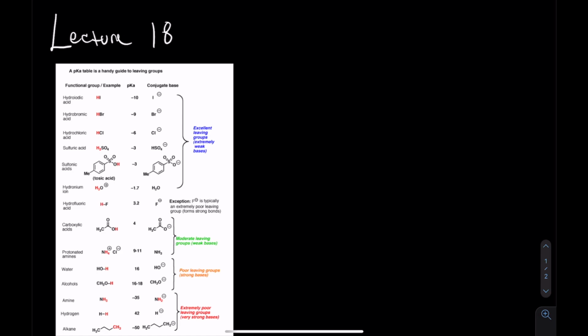So as a general rule, what we're going to say is that the worse base it is, the better leaving group it is. And leave it at that, all right? So you can see that as you move down this chart, you end up with worse leaving groups to the point where you really do not see alkanes depart. Hydrides do not come off. That's H minus. NH2 minus doesn't come off.